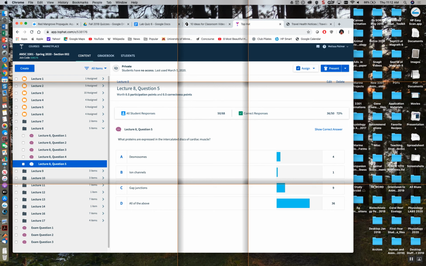So I'll have you calculate cardiac output, heart rate times stroke volume, and then from there I may say, from what you know with your calculation about mean arterial pressure and your calculation of cardiac output, what is total peripheral resistance?